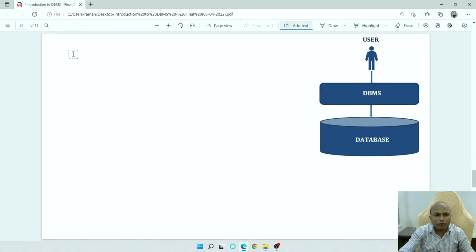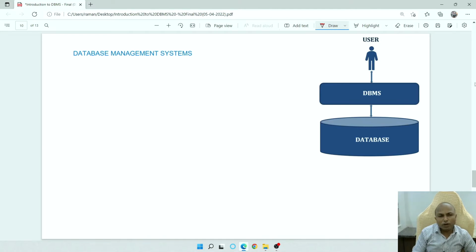Finally, we need to understand the database management system. Till now, we understood what is meant by data, information, knowledge, and knowledge hierarchy, and we understood what is meant by database. Now we need to understand the role of the database management system.